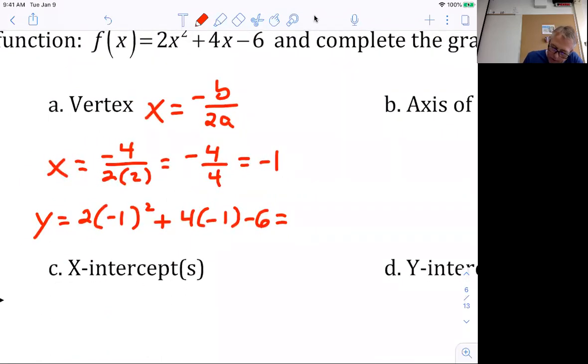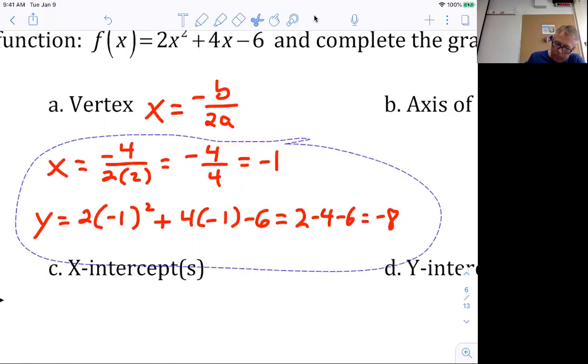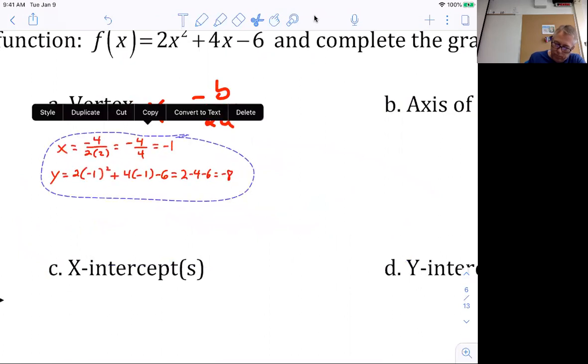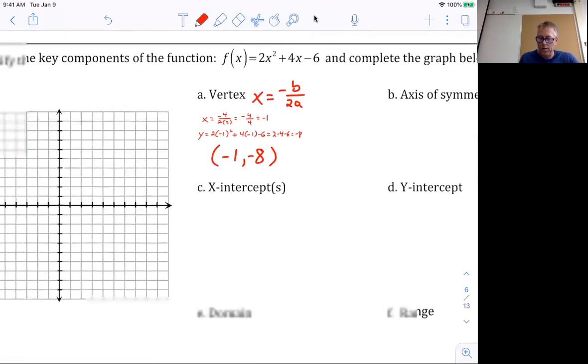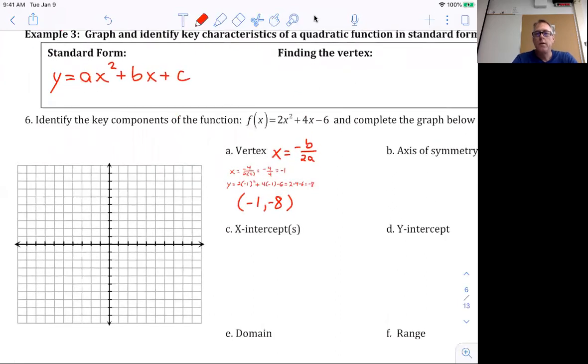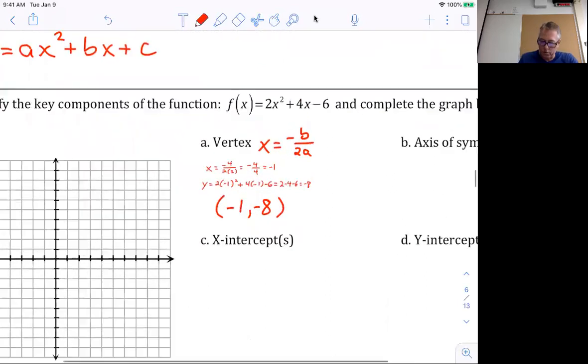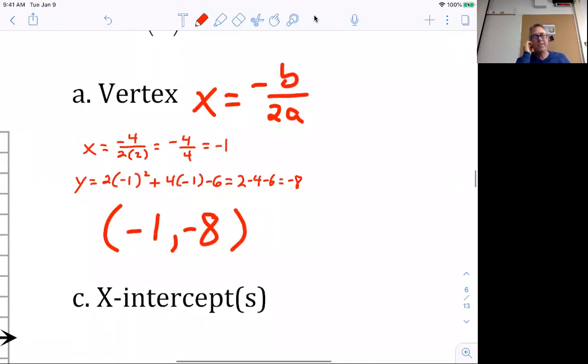So that's 2 minus 4 minus 6, which is negative 8. So sorry, that's a little small.